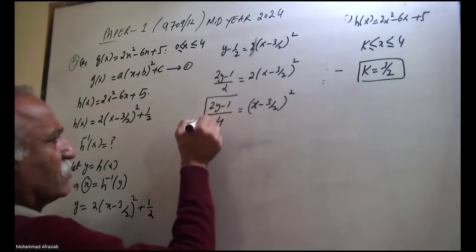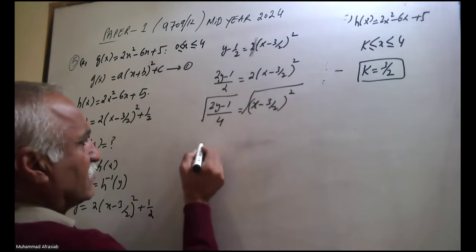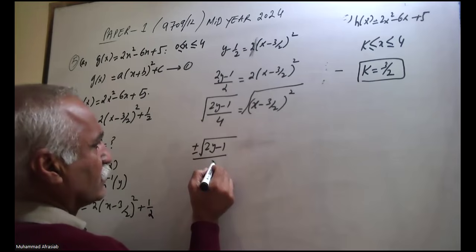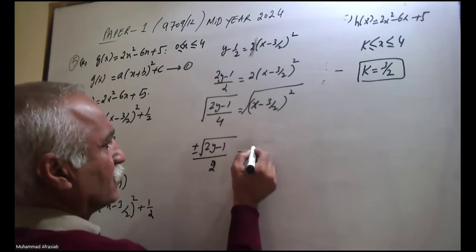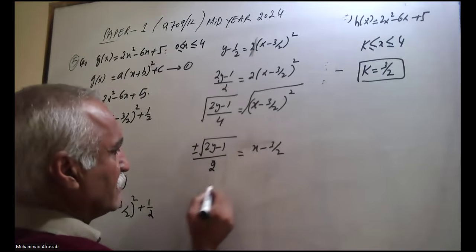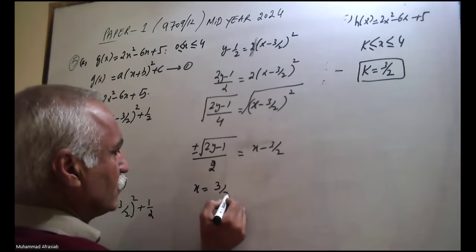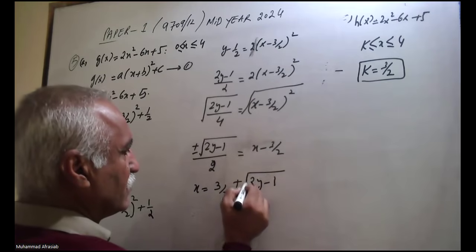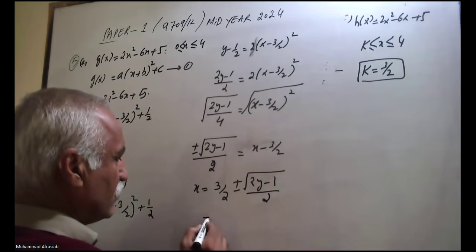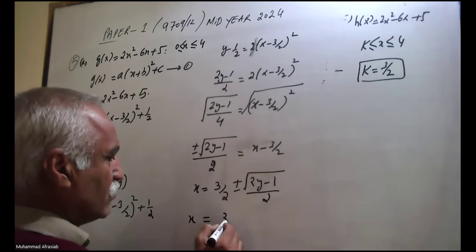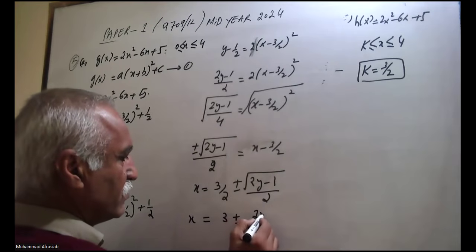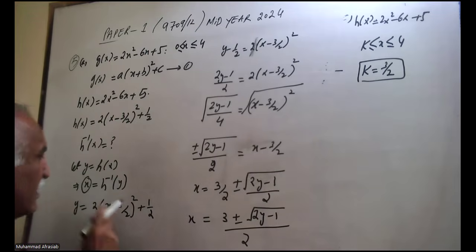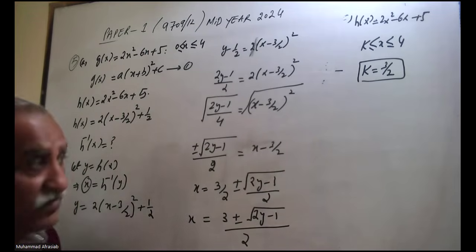By taking the square root on both sides, this will be plus minus √(2y − 1) over 2, equal to x − 3/2, or x is equal to 3/2 plus minus √(2y − 1)/2, or x is equal to (3 ± √(2y − 1))/2, but x itself is equal to h inverse of y.